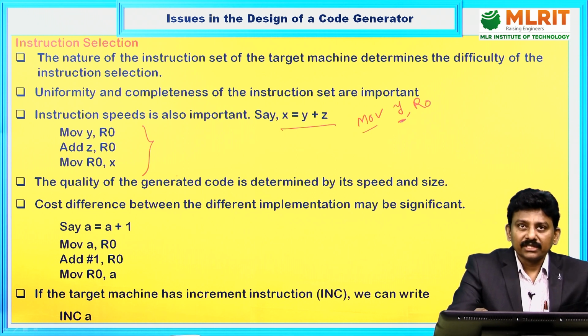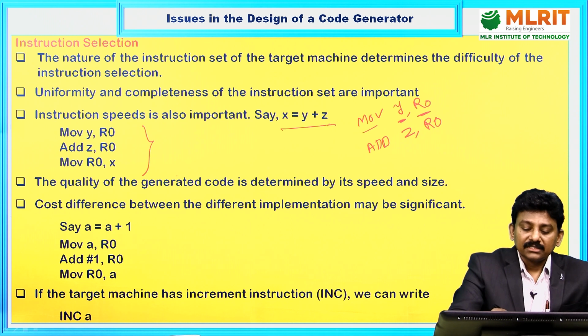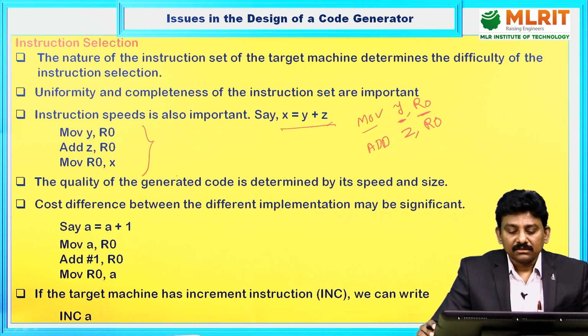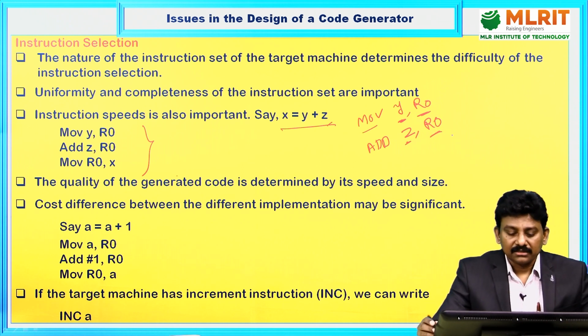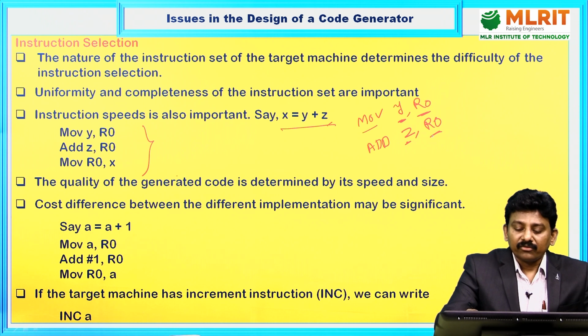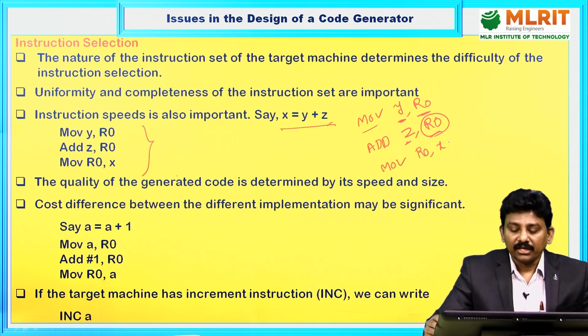Y is stored in memory, R0 is a register. Next, add z comma R0. Here z is a variable stored in memory. The content of z is added to the contents of register R0. Now the result of the addition is also stored in R0. Finally, we move the result from R0 to variable x.